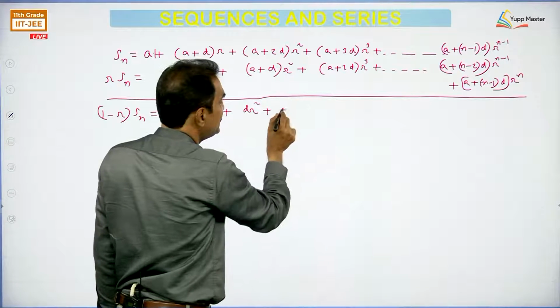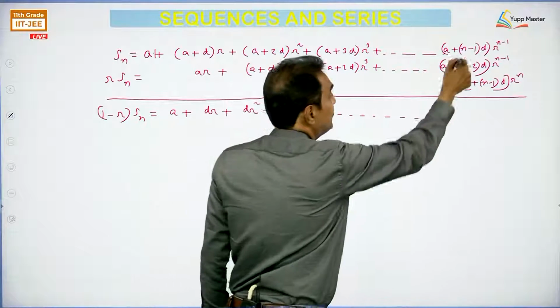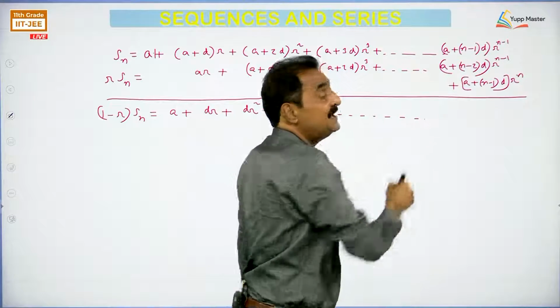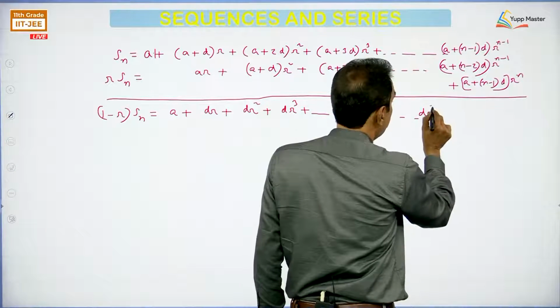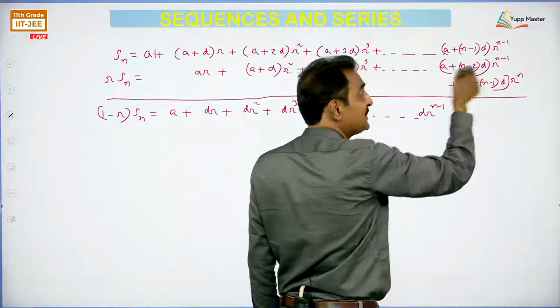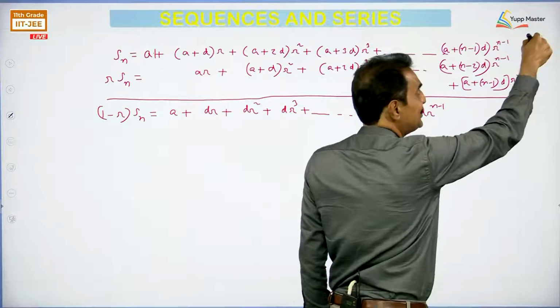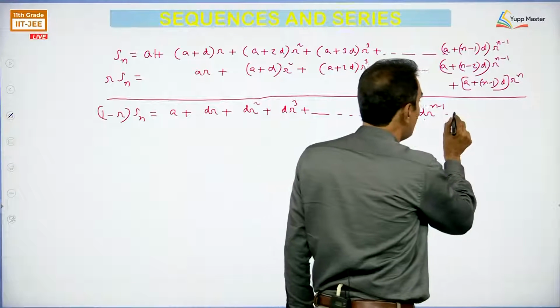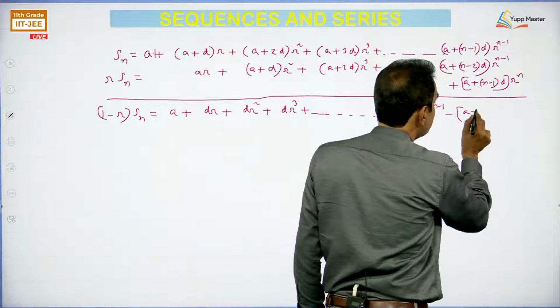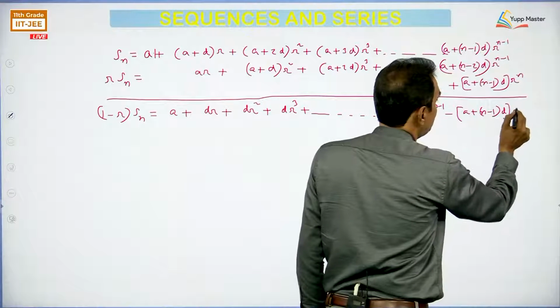This minus this is dr cube and so on. This minus this will be dr power n minus 1. But one more term is left in the second row. In the first row, next term should be taken as 0. 0 minus this last term will be minus of A plus n minus 1 into d into r power n.